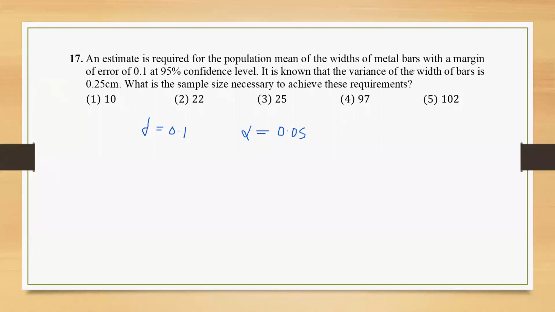And also in this case, population variance is known. So therefore, you know the value for sigma squared, that is 0.25. And based on the confidence interval, we can identify a small mathematical relationship between the margin of error and these measurements.